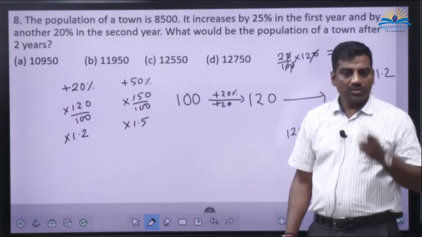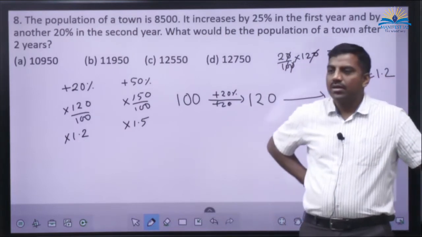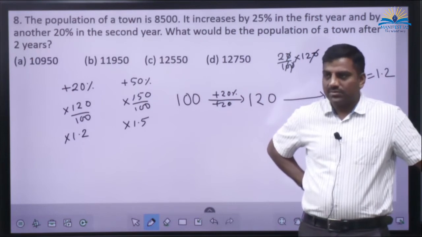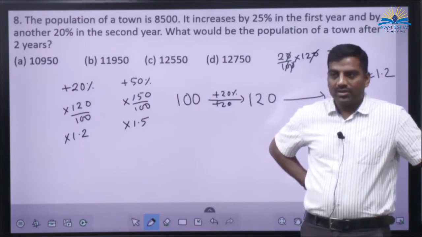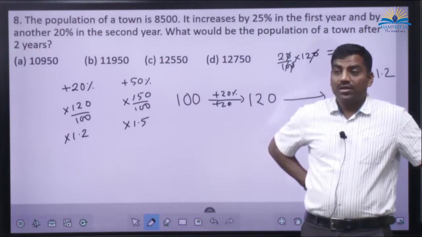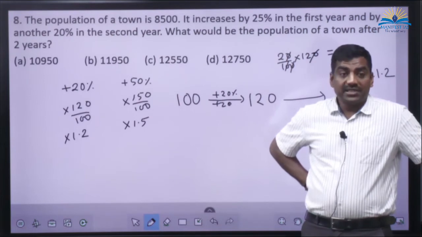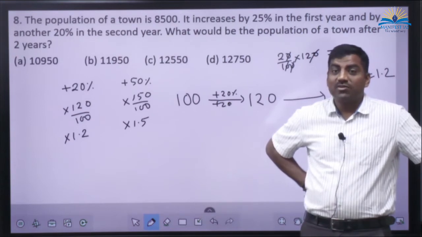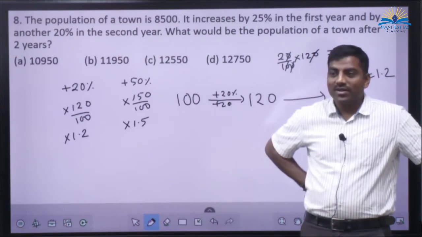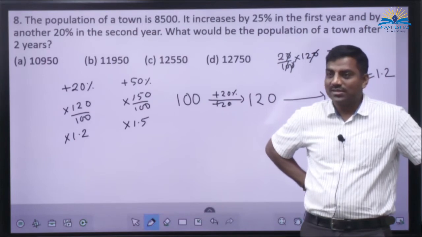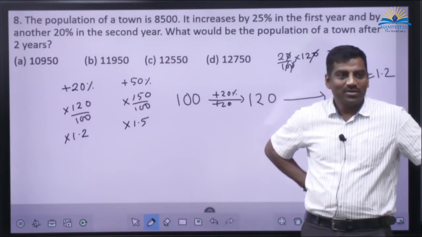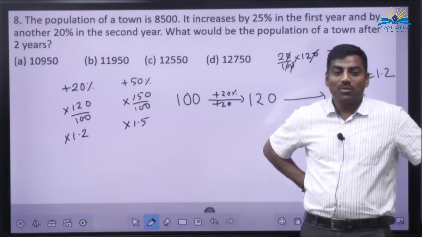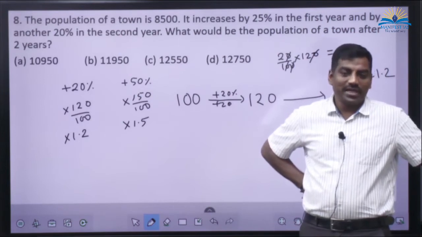For example, your salary was 10,000 rupees. It is getting an increment of, let's say, 50%. What will your salary become? 15,000. No, because it is your salary. You will not take even 1 rupee less. If it is somebody else's problem, then you have a problem, right?